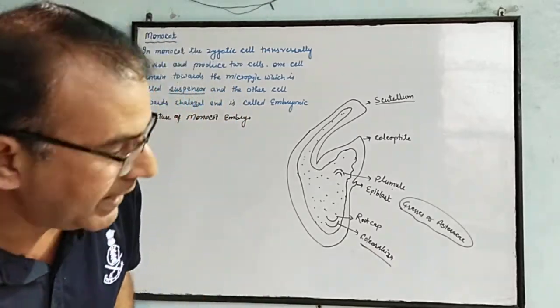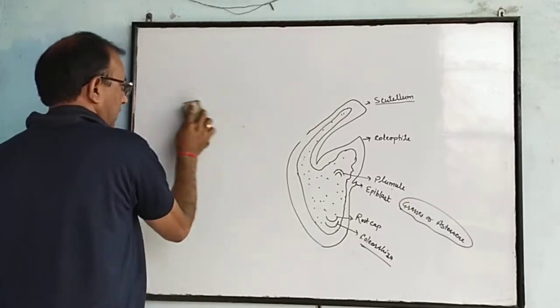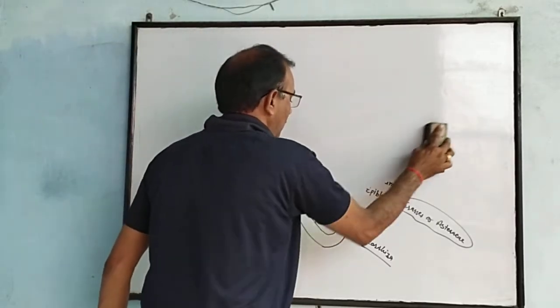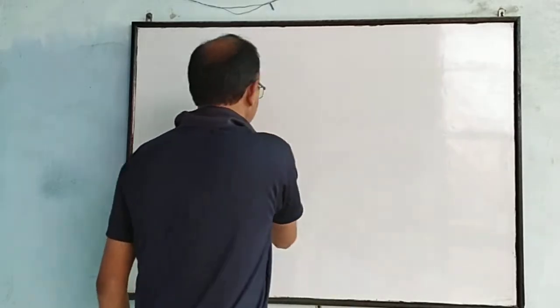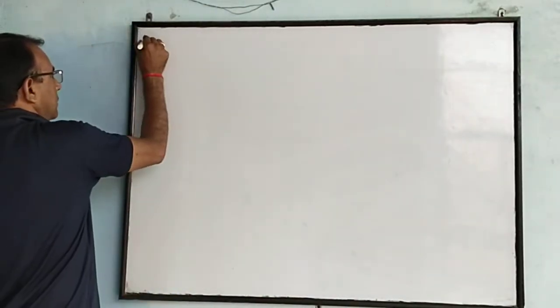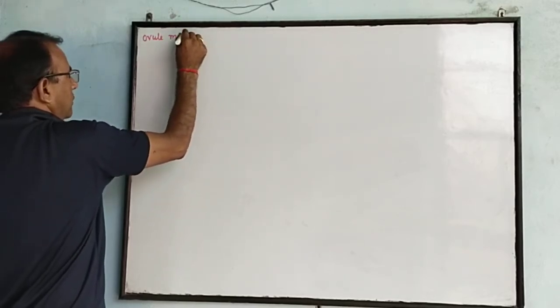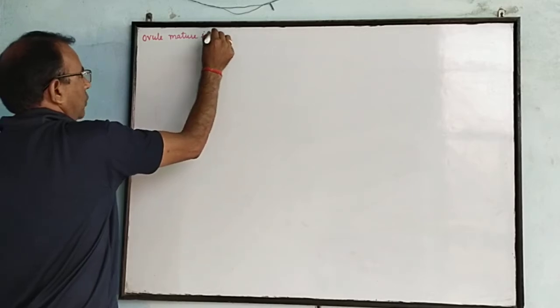Clear? The next portion, the third part after the fertilization event, is the ovule maturing into seed.